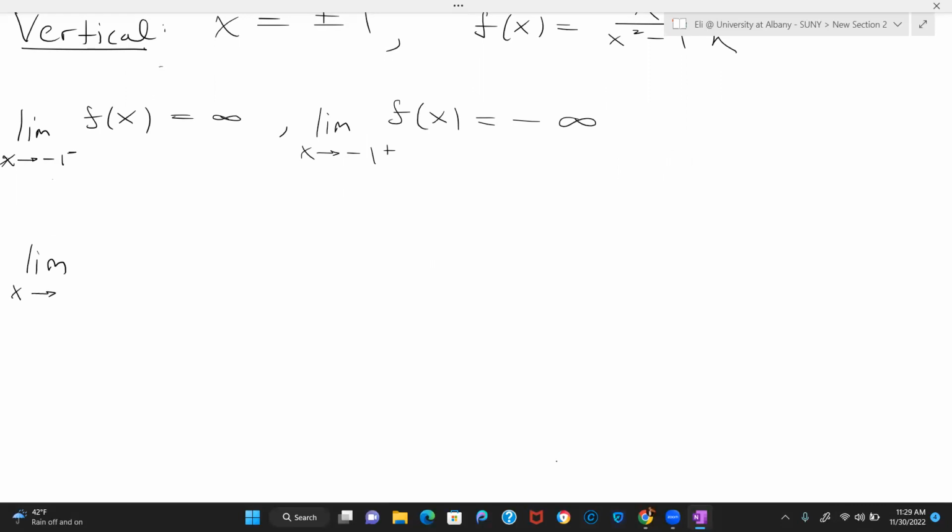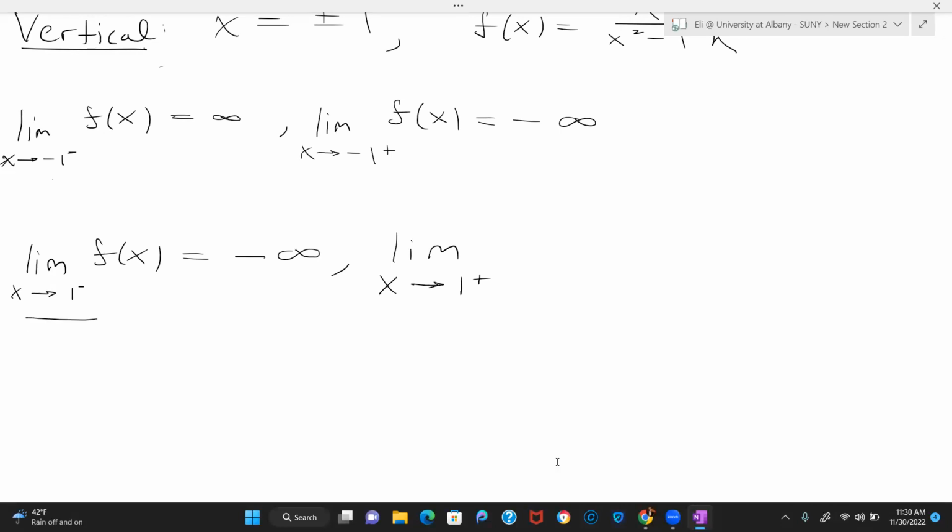All right, so now what about 1, from the left or the right? If you approach 1 from the left, you can choose like 1/2, and you'll see that you're still going to get negative infinity. This limit right here is 1 from the left.